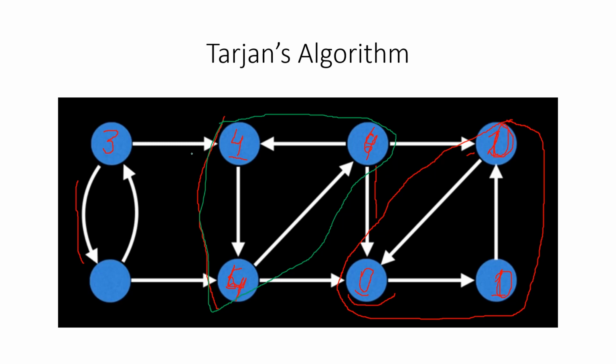Then we do the backtracking. It's 3. From 3 we have another node, that is this one. Let's say our time tracker finished at 6, then here we write 7, right? From 7 we have an outgoing edge to this one, but it's already a different strongly connected component.